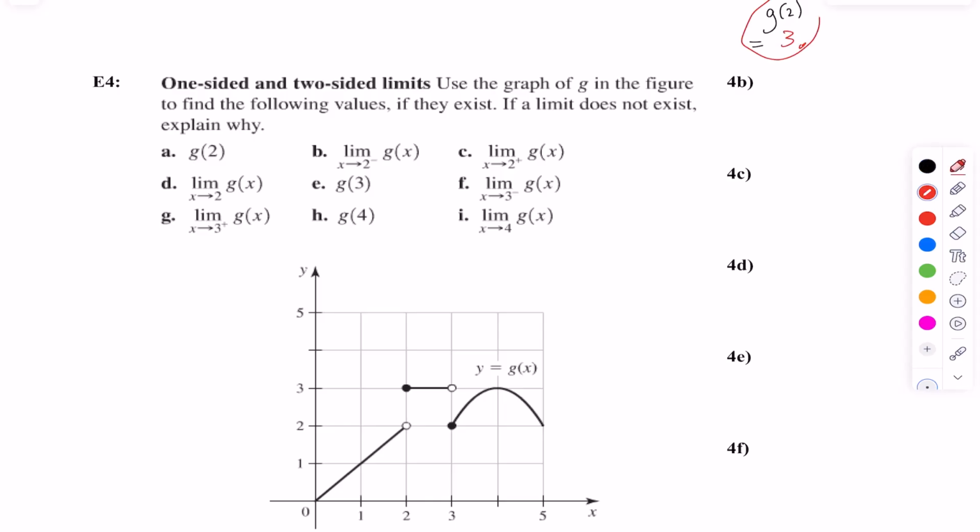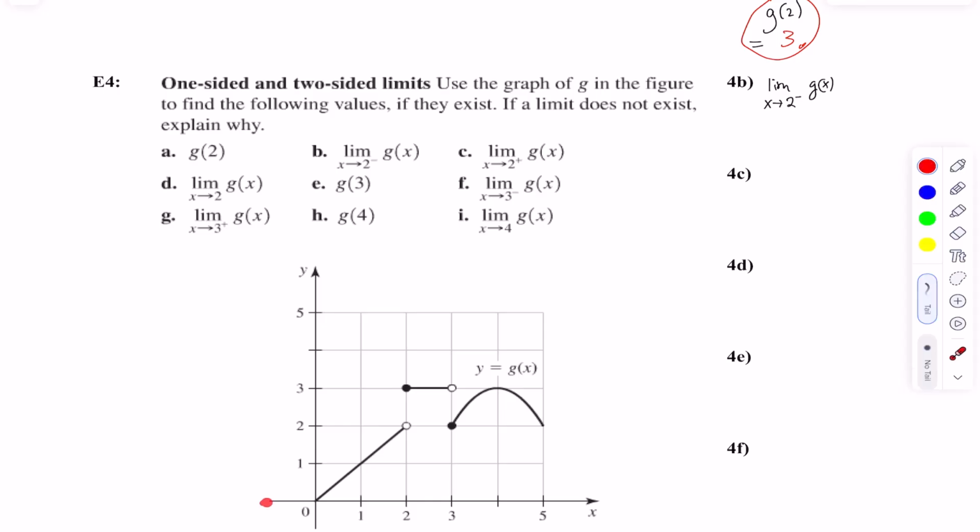I'm going to circle the expression there. And notice we're just simplifying expressions for this entire example. We're going to rewrite the original expression: the limit as x approaches 2 from the left. Where do the corresponding g of x values approach? Let's look at it.